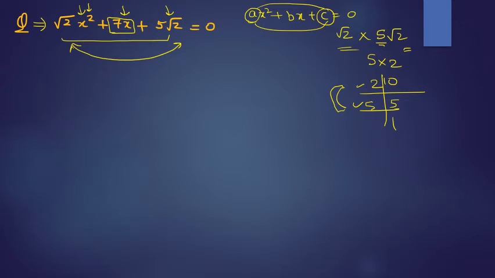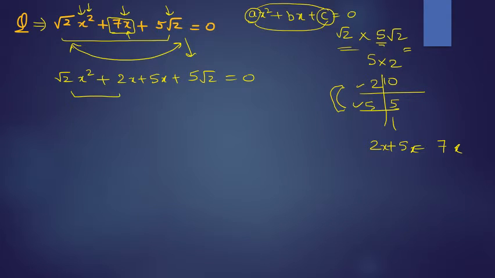What is middle term? 7x, right? So 2 plus 5 will give you 7, correct? So I am writing here root 2x square plus 2x plus 5x so that we can have 7x, then plus 5 root 2 as it is.